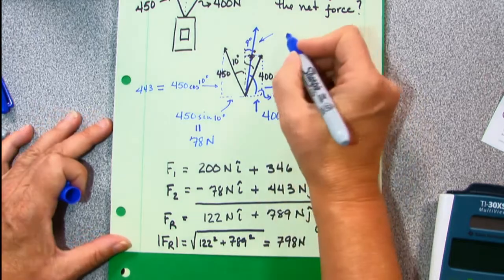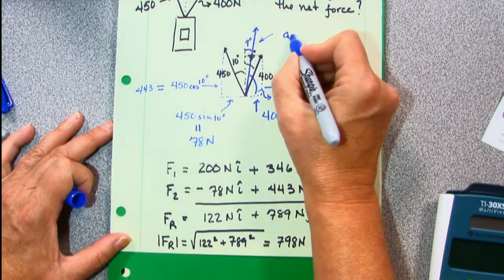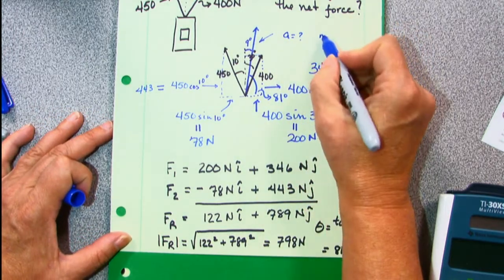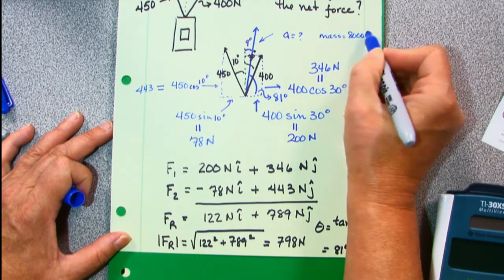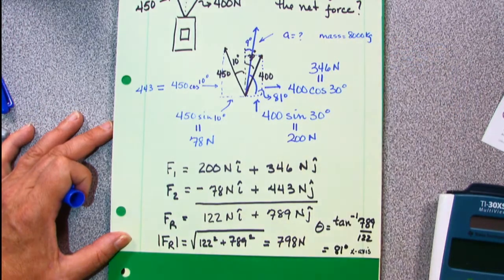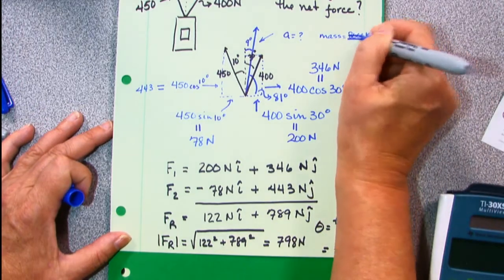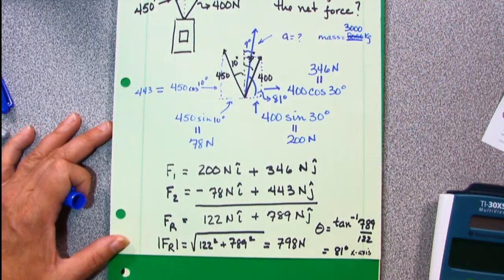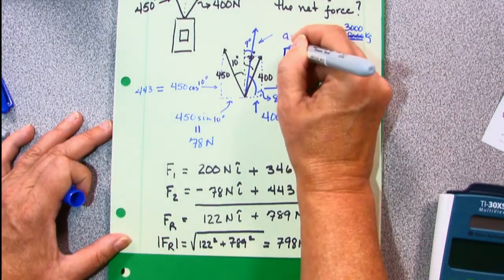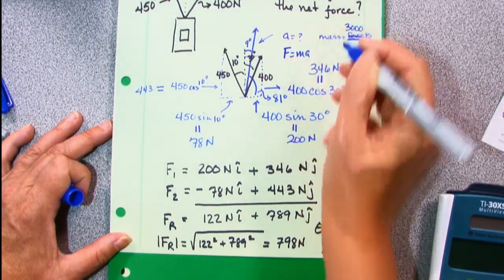If we want to find the acceleration on the car, and we're told the mass of the car is 8,000 kilograms, no, we don't want to use 8,000. Let's be more reasonable. We'll use 3,000 kilograms. Force is mass times acceleration.